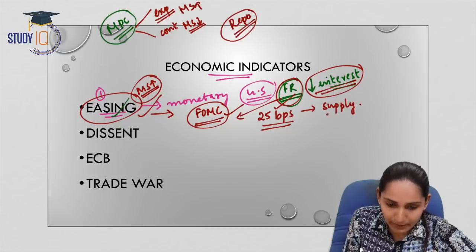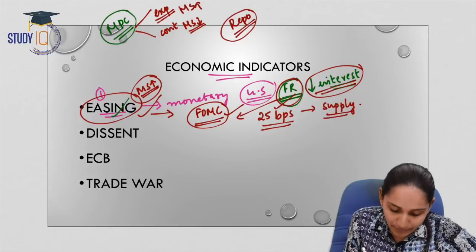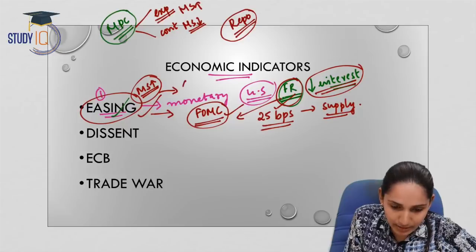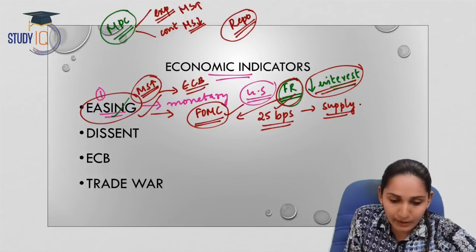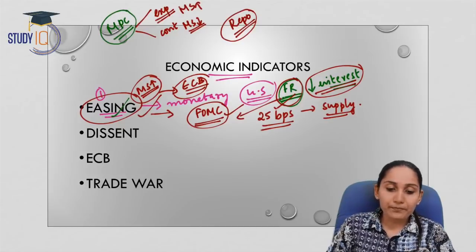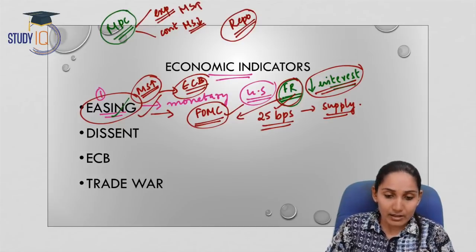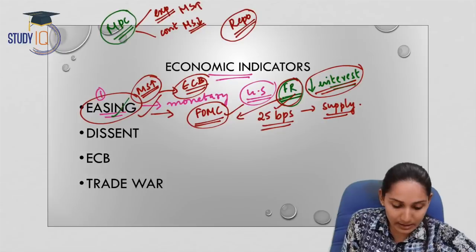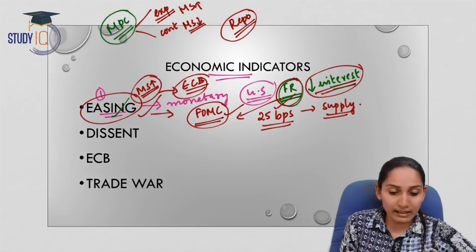This decision of the US Federal Reserve came after the decision of the ECB, the European Central Bank, to push the interest rate into negative territory. So this comes along with the decision of the European Central Bank as well.